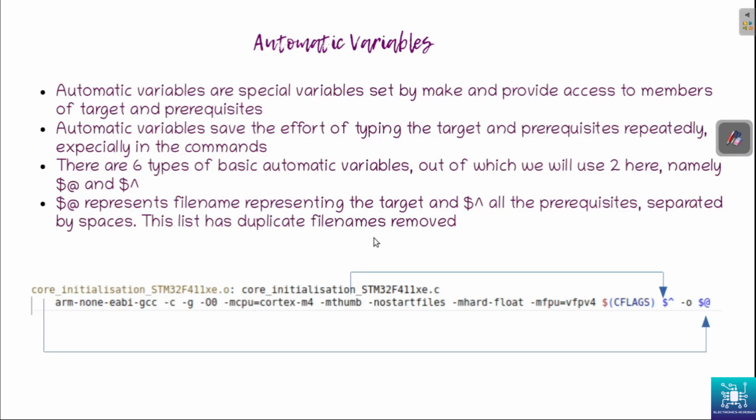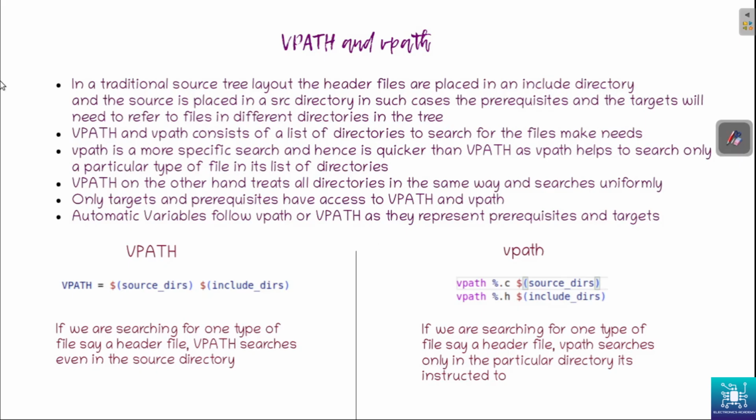Going forward, we have 2 path variables that are used in Makefile, one is called VPATH with all caps, and another one is vpath with all small. These two have subtly different meanings.